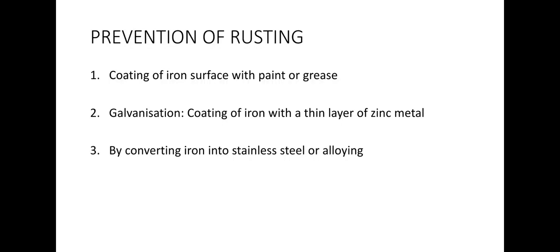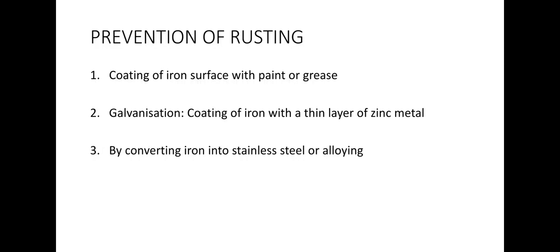Next is by converting iron into stainless steel or alloying. As we know, molten iron is mixed with fixed amounts of carbon, manganese, chromium and nickel. On cooling it forms an alloy, and that alloy is called as stainless steel.